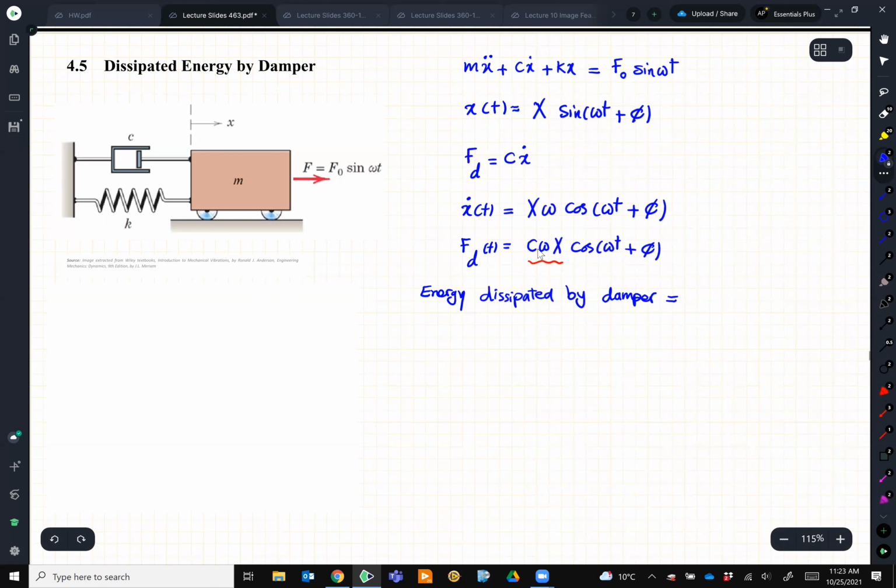It's equal to the work done by F_D. Do you agree with that? So we say the amount of energy that is being dissipated.